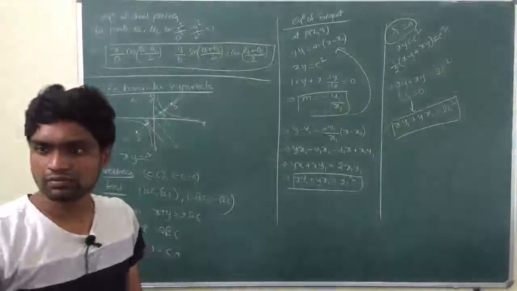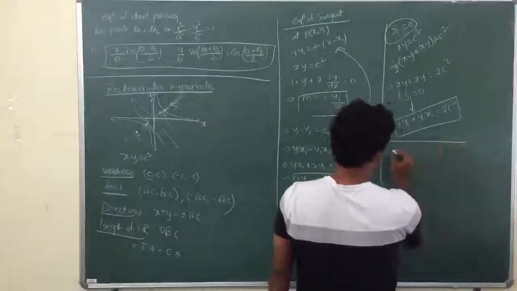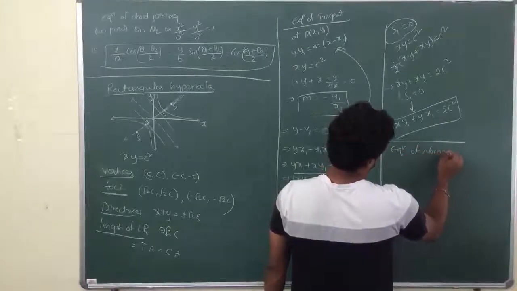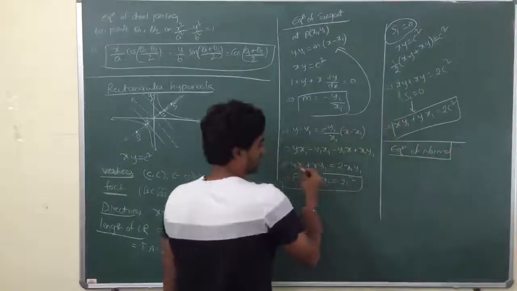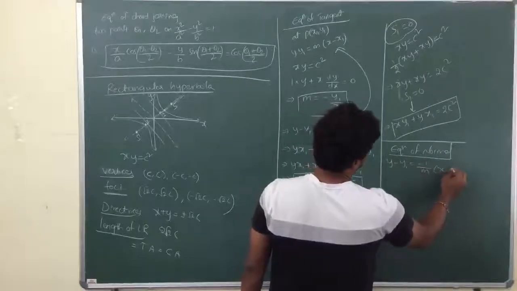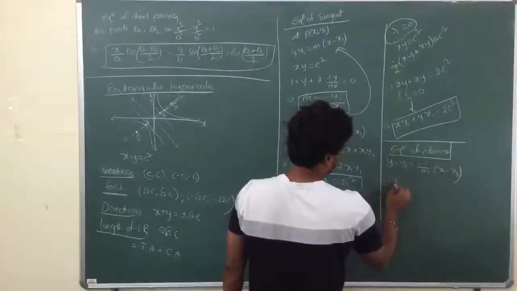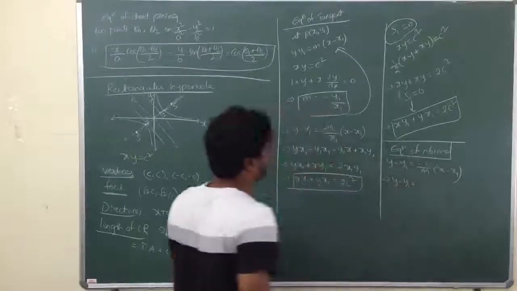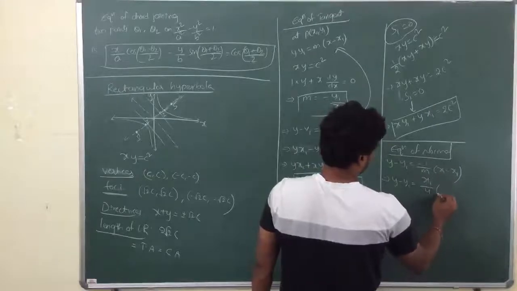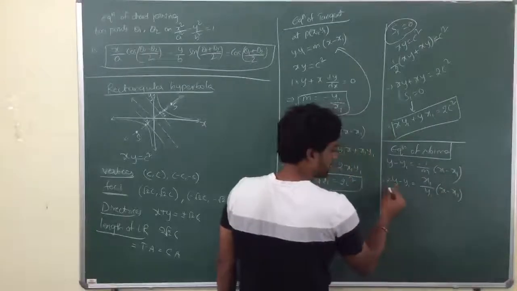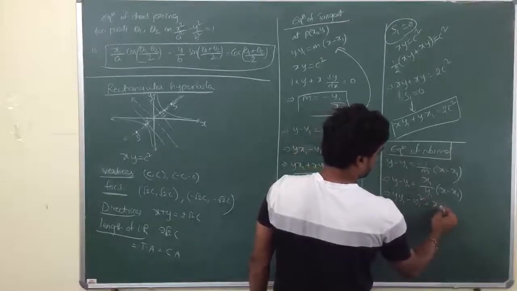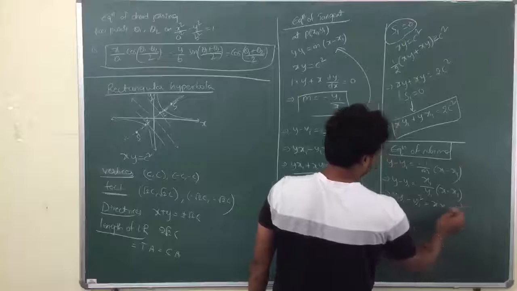How do we find the equation of normal? Equation of normal: y minus y1 is equal to minus 1 by m into x minus x1. So y minus y1 is equal to minus 1 by m, that is x1 by y1, into x minus x1. So y y1 minus y1 square is equal to x x1 minus x1 square.